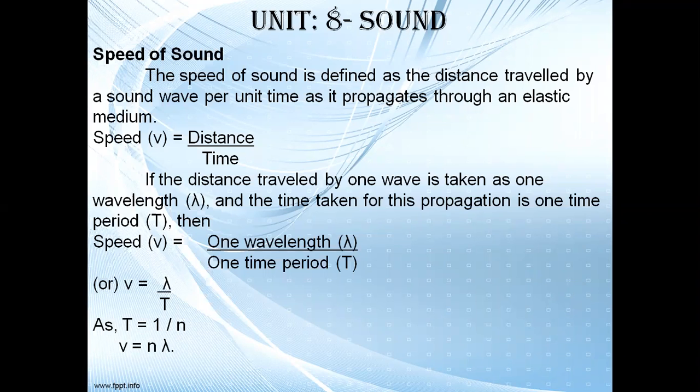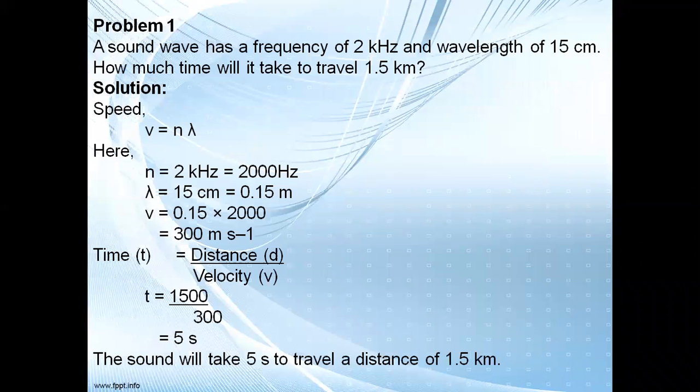Based on the speed of sound, we will discuss two problems one by one. Problem 1: A sound wave has a frequency of 2 kHz and a wavelength of 15 centimeter. How much time will it take to travel 1.5 kilometer?